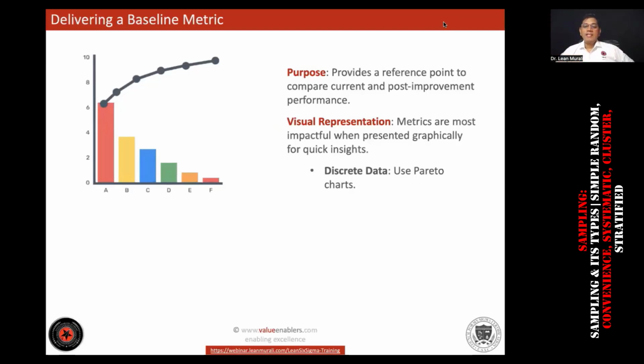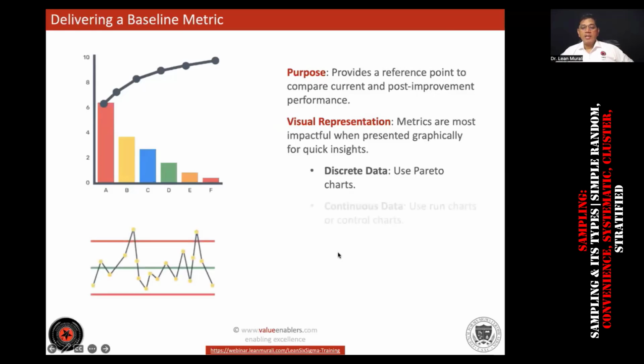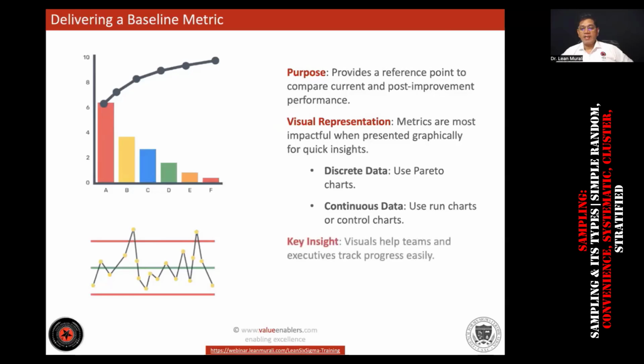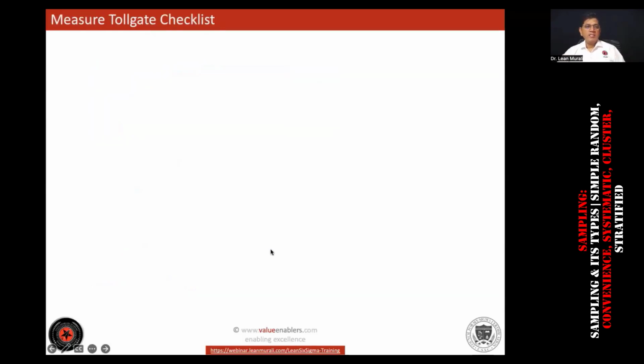For discrete data you use Pareto charts, and for continuous data you use run charts, control charts, and so on. Visuals help a team execute and track progress easily. The reason I'm sharing this is that once you have taken the samples, plot them so that you can visually see them. It's very important to know the current state.